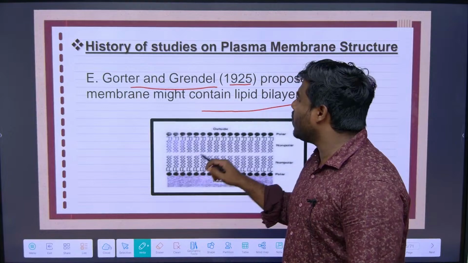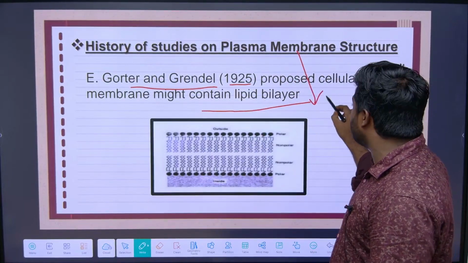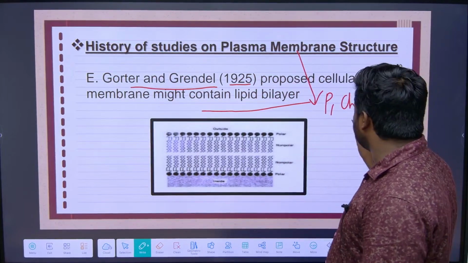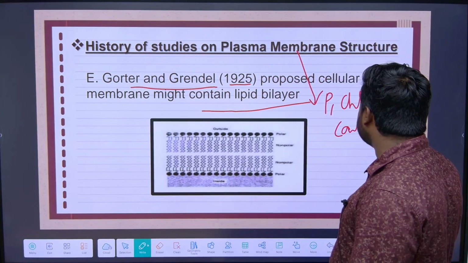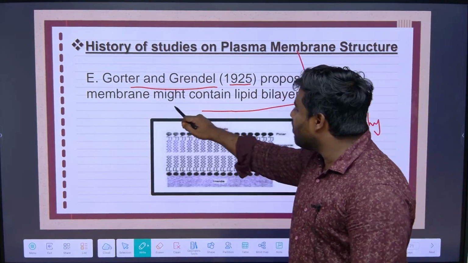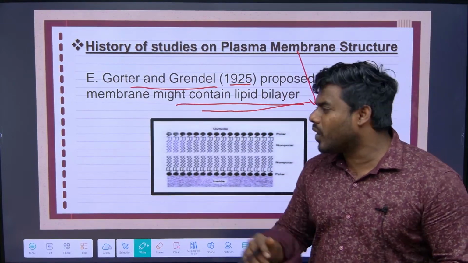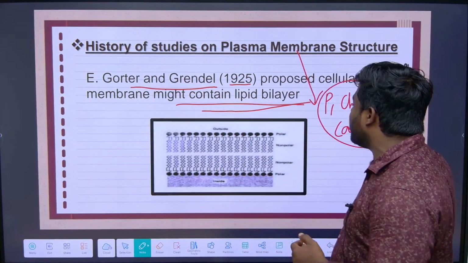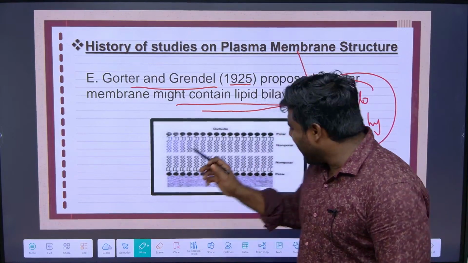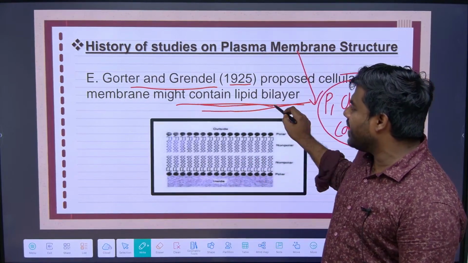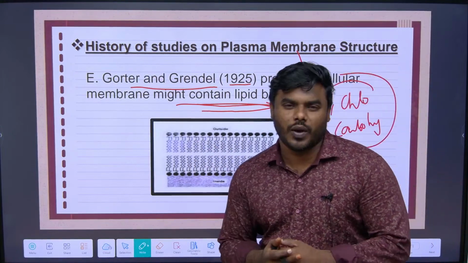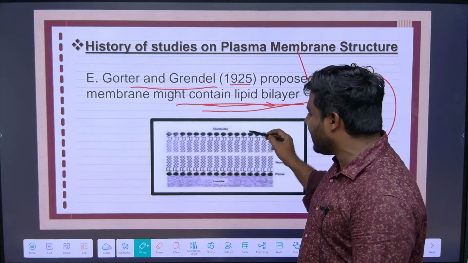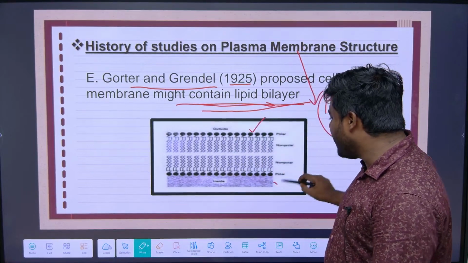But you people know that the plasma membrane generally contains what? Proteins. The plasma membrane generally contains cholesterol. The plasma membrane generally contains carbohydrates as well. But what they said was it might contain a lipid bilayer, and they did not conclude whether any other molecules apart from lipids are present on the membrane or not.